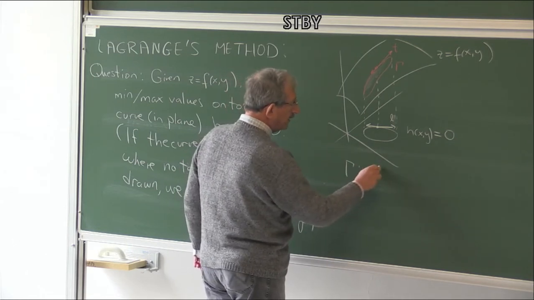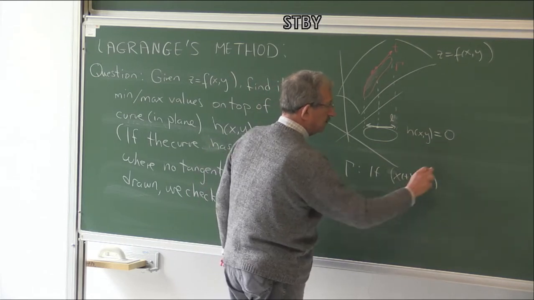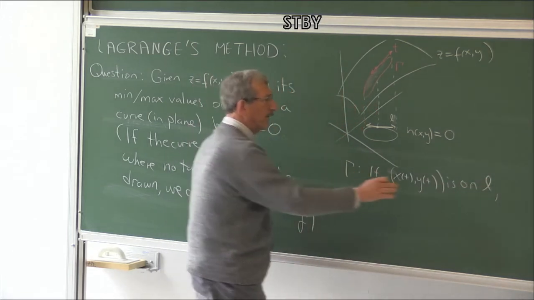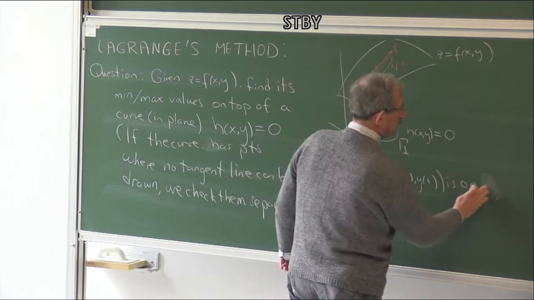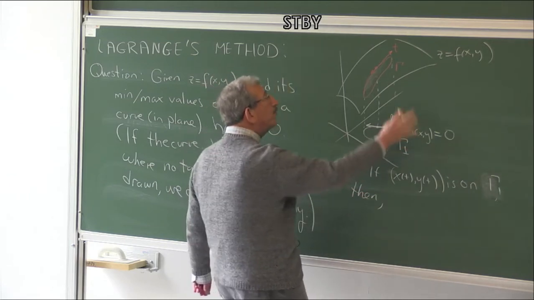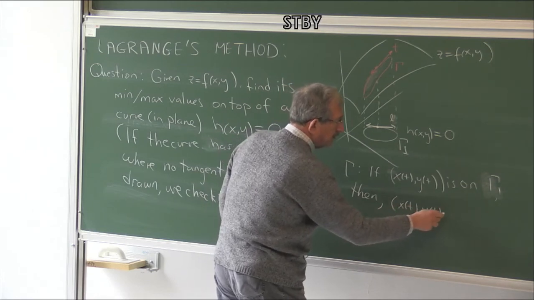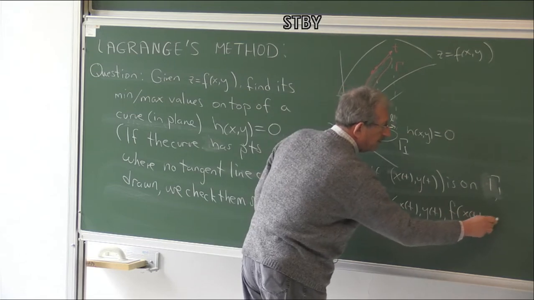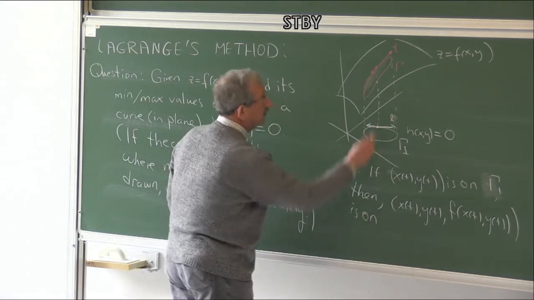If x of t, y of t is on L, call this gamma 1, is on gamma 1, then, of course, when I put them in the function, that is x of t, y of t, and f of x of t, y of t, is on gamma.